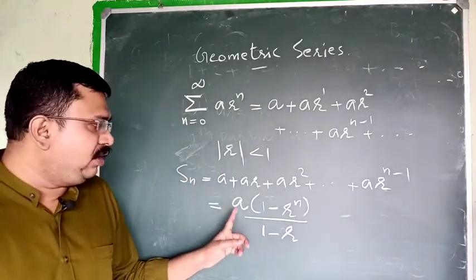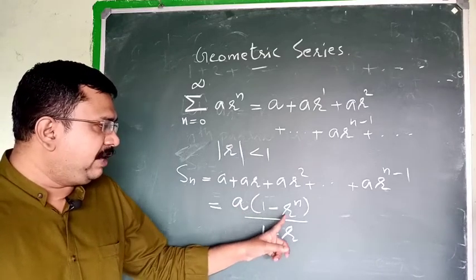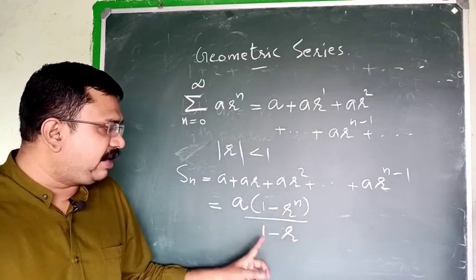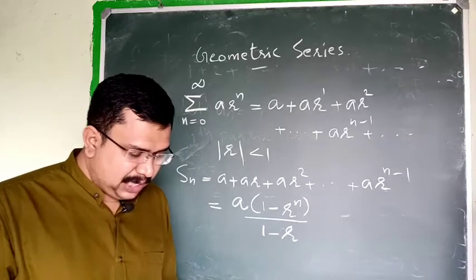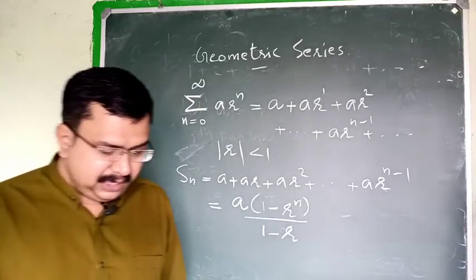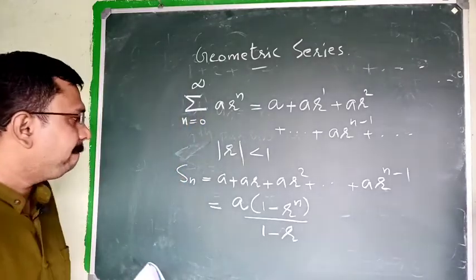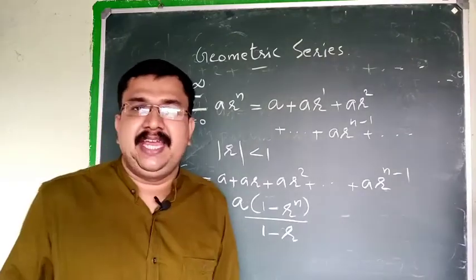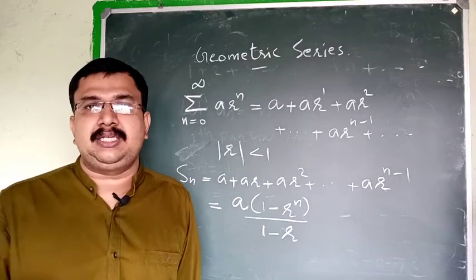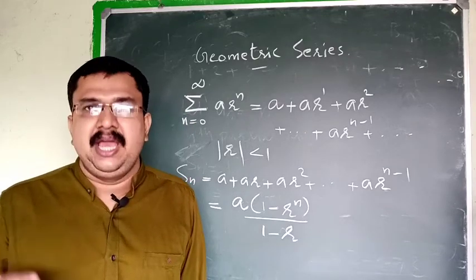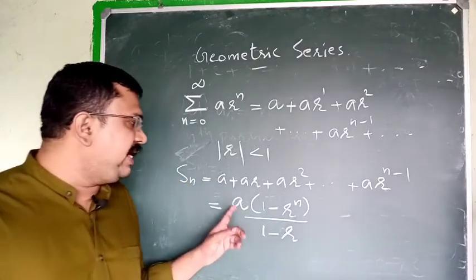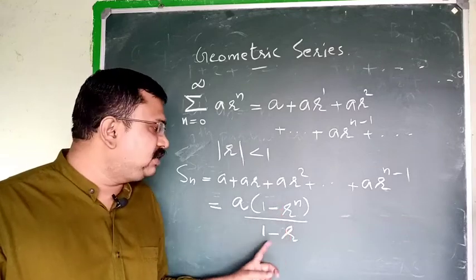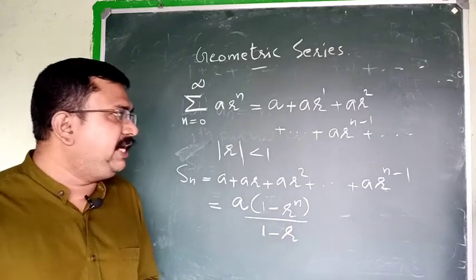Sn means the sum of n terms of this geometric series, and Sn is equal to a into 1 minus r raised to n divided by 1 minus r.